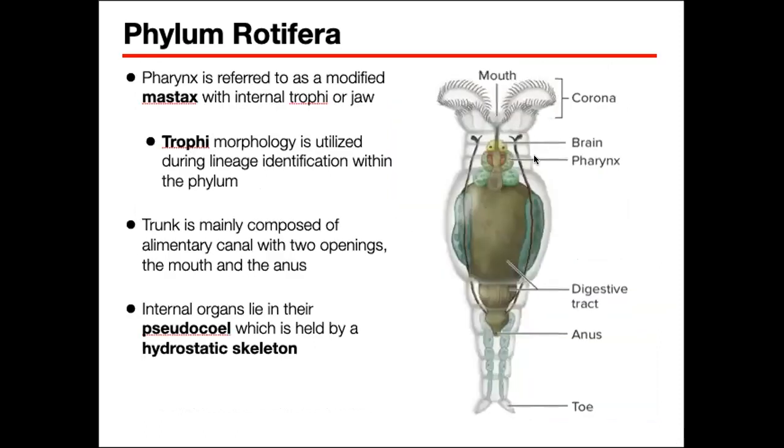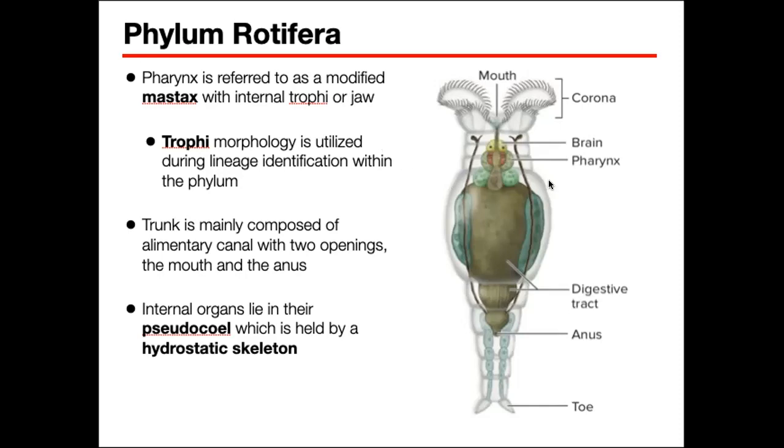And yung pharynx naman ang ginagamit to further classify yung rotifers. So medyo marami yung types of rotifers. Hindi ko na siya sinali, but at least alam natin yung morphology ng jaw. Okay? It's more commonly called the mastax. That's used to classify further this phylum.